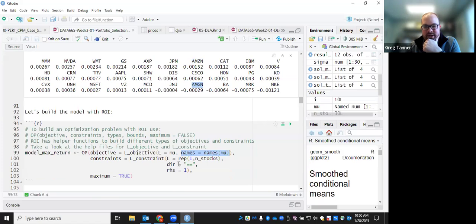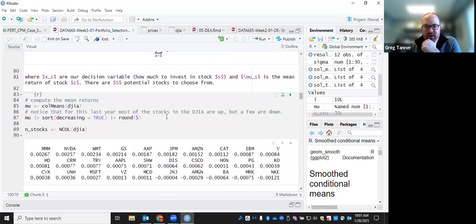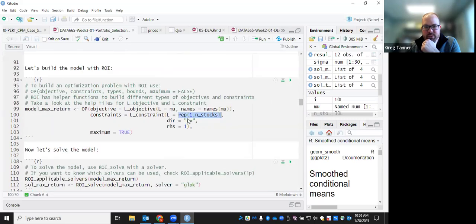And that's what I've done here: I've used rep to repeat a bunch of 1s, once for every stock. Okay, and that will give us a coefficient of 1 in front of each of these x's. And then our direction is going to be an equality constraint, and our right-hand side is going to be 1. And so this sets up that budget constraint for us.